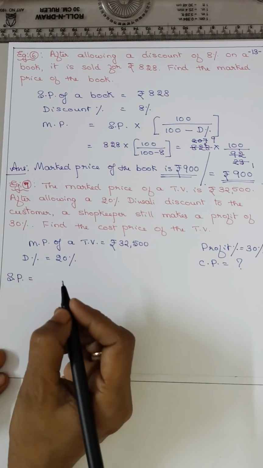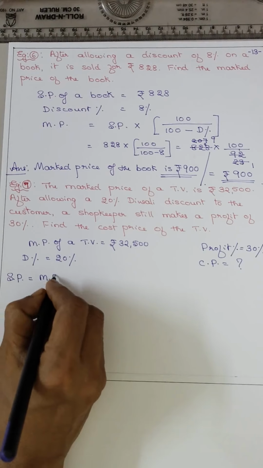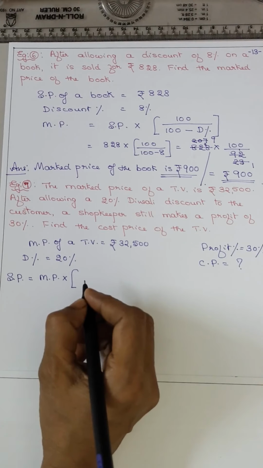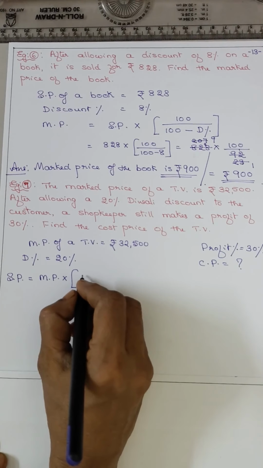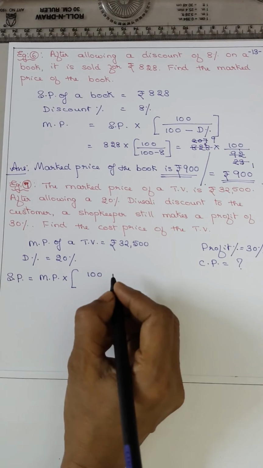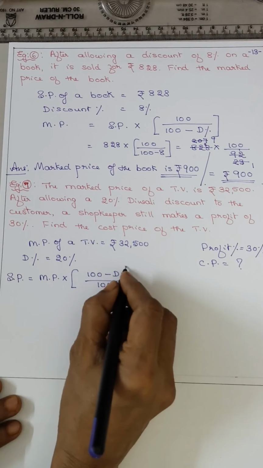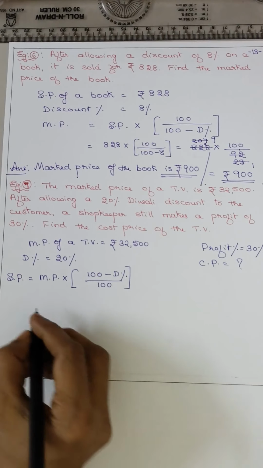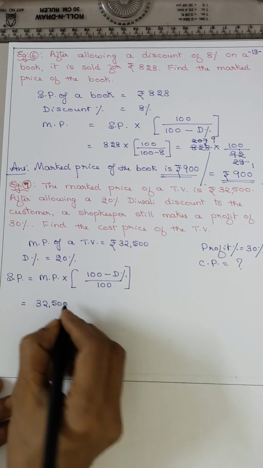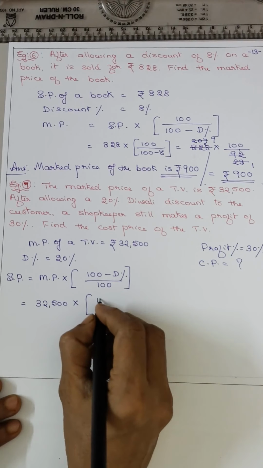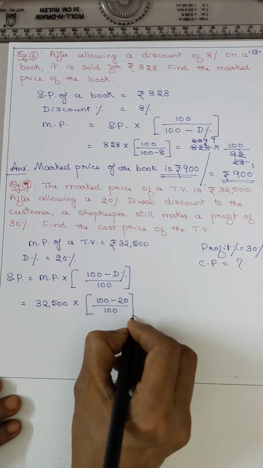SP is equal to, what is the formula? MP into 100 minus discount percent upon 100, isn't it? So it will be 32,500 into 100 minus 20 upon 100.